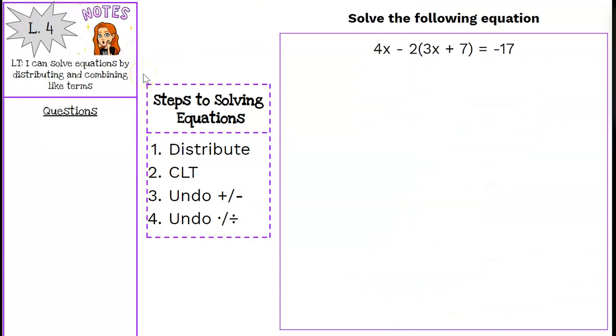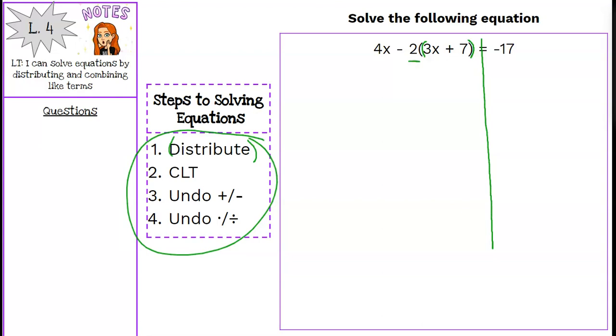All right, one last problem here. We have a kind of bigger equation, so we're going to have to use all 4 of our steps this time. We're going to distribute first by getting rid of these parentheses. Now, we have this 2 on the outside, but we have to make sure we take it with its sign. That minus sign is making that 2 a negative 2.